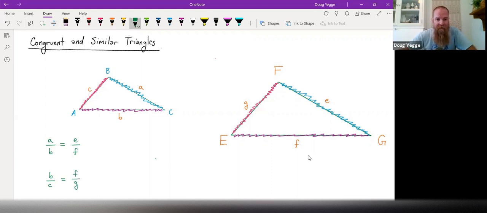Or if we take e over g, e over g would be equivalent to a over c. So this is what we mean by proportional, okay?